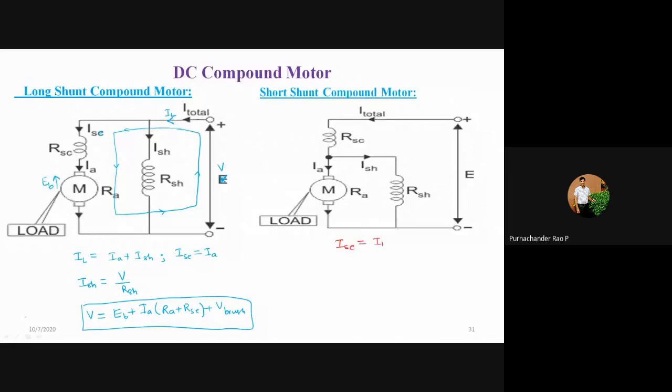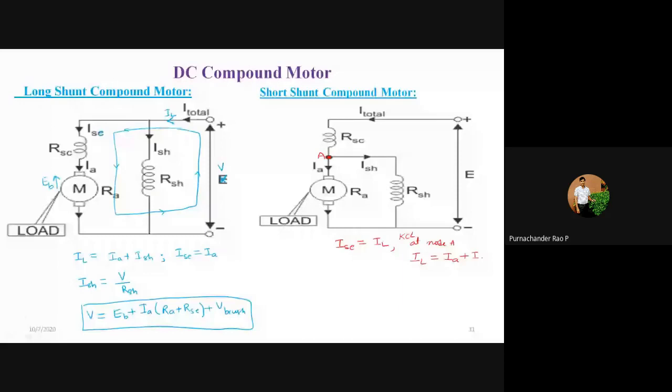Applying KCL at node A, the line current IL is equal to IA plus ISH.